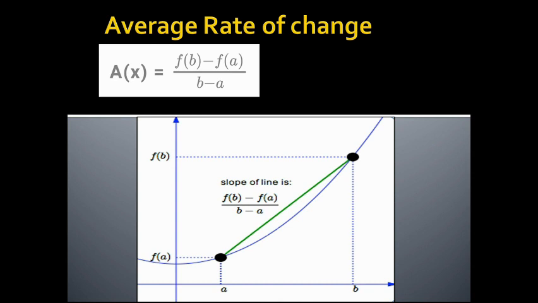And if we find the distance between these 2 points, the formula becomes f of b minus f of a divided by b minus a.